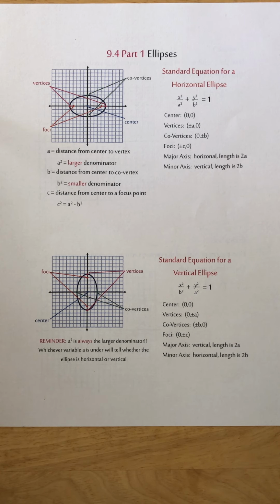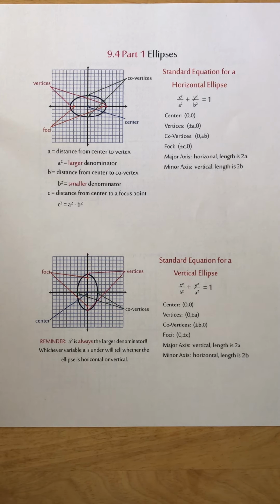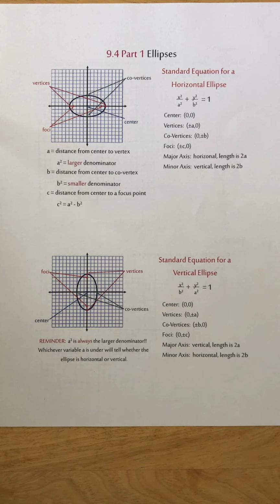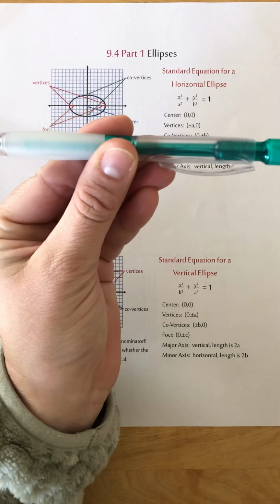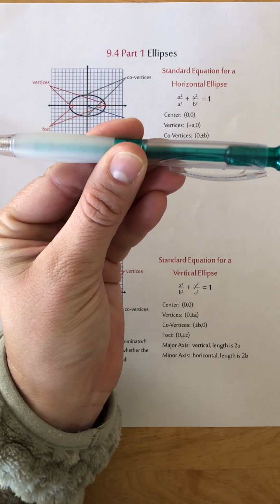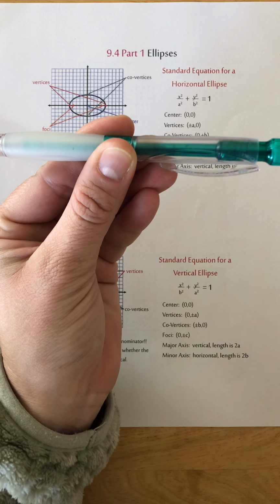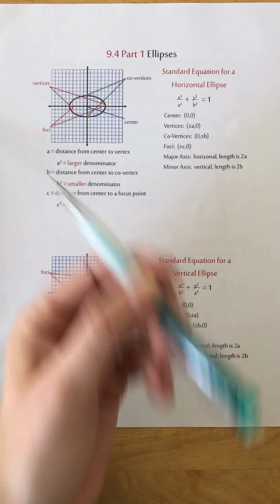B squared is always the smaller one. Now look at this one. This one says it's a horizontal ellipse, and the A squared is underneath the X. Well, because the X-axis goes left to right, and the A squared is bigger, then that makes sense that we're going to have a horizontal ellipse because it's going to be wide.